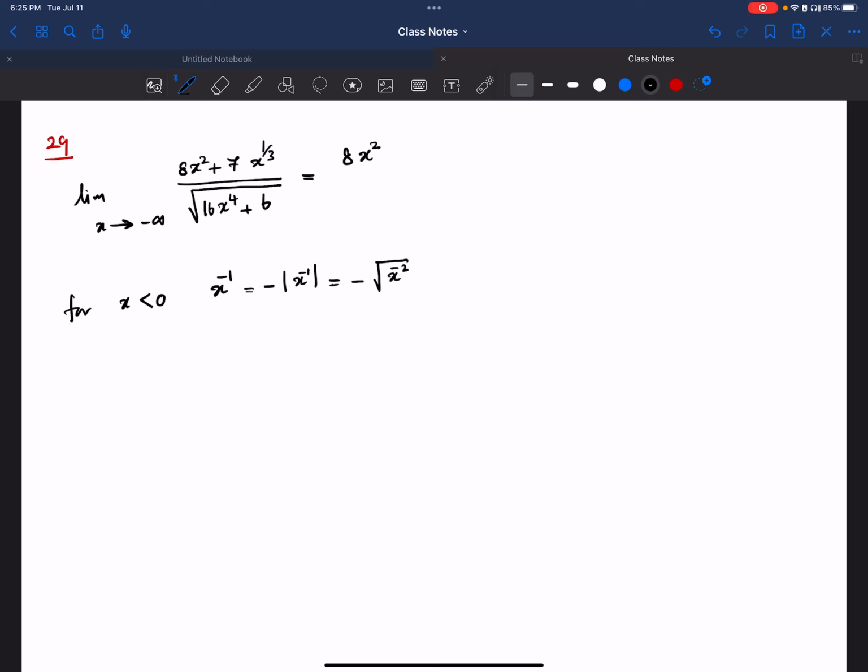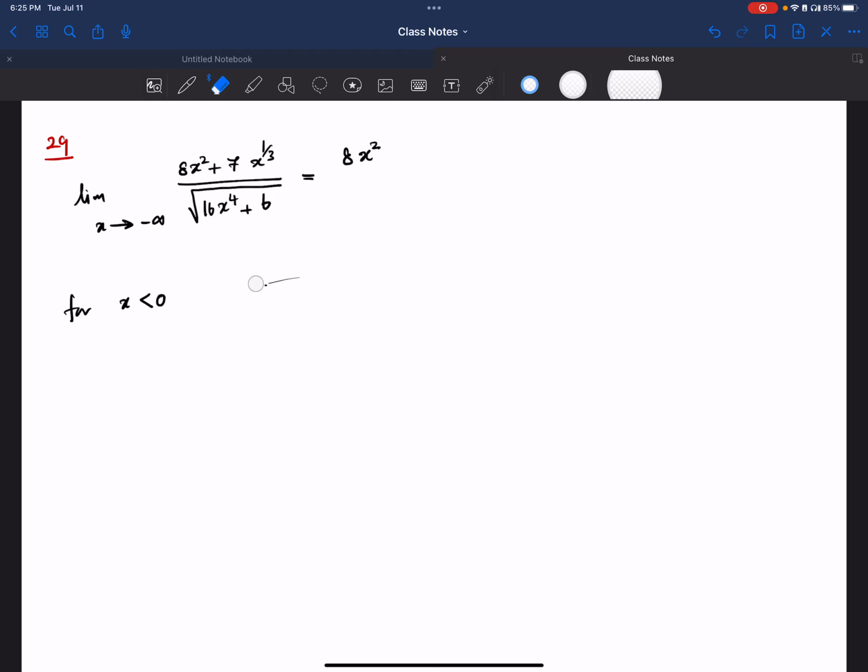In this case, for x less than 0, we have x squared, so x to the power negative 2 is positive because it's an even number.